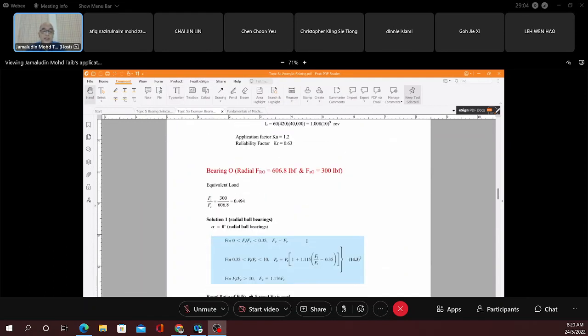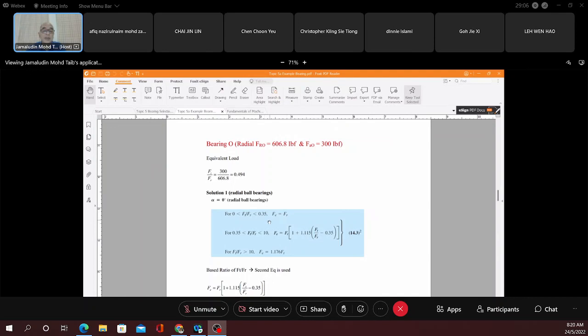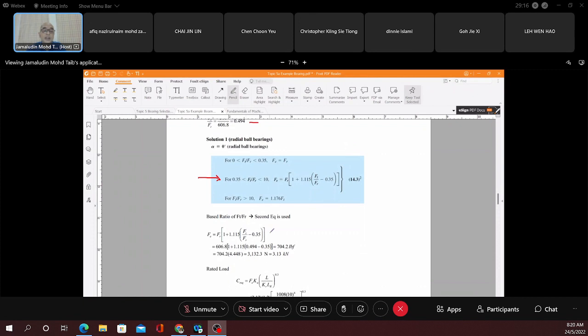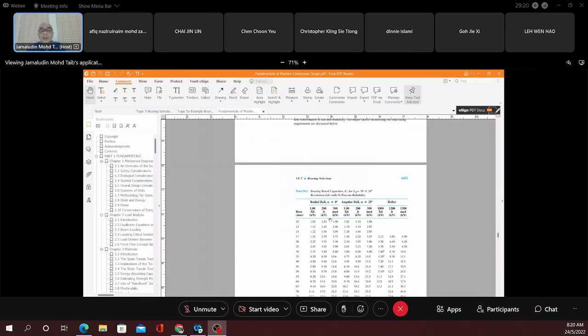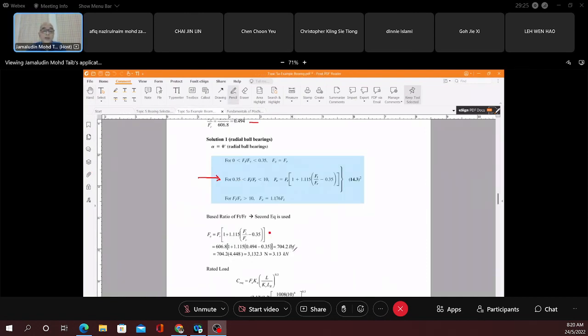Basically, when we insert this equation, we find out this is for the radial bearing. We found out that it's 0.494, so we use the second equation here. That means this will be F equivalent here. Then we convert, because remember this was in newtons, to kilonewtons, and we got 3.13.